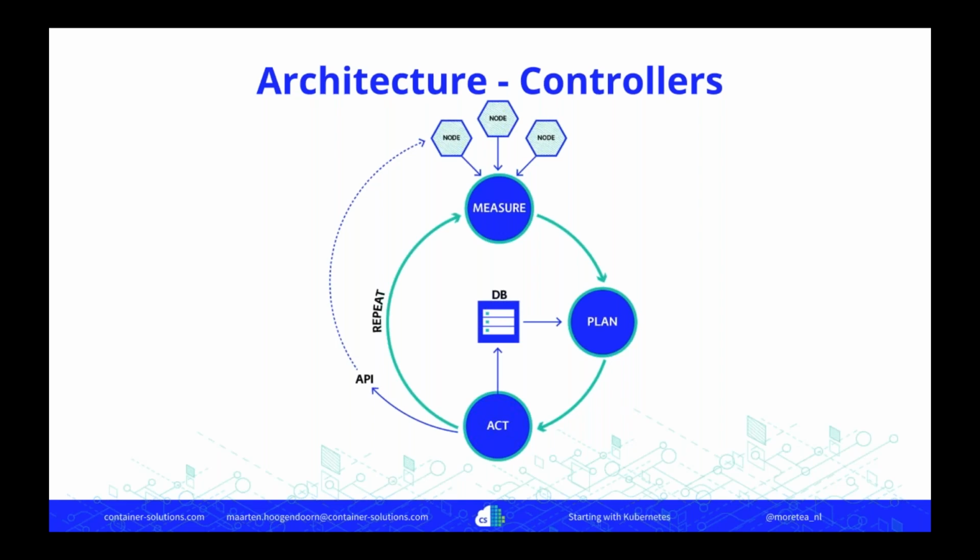And then this whole system continuously repeats itself to measure again based on the new measurements, the changes that have been happening. If a computer just crashed, fine, then Kubernetes will take into account your desired state and plan a recovery plan for that, basically.